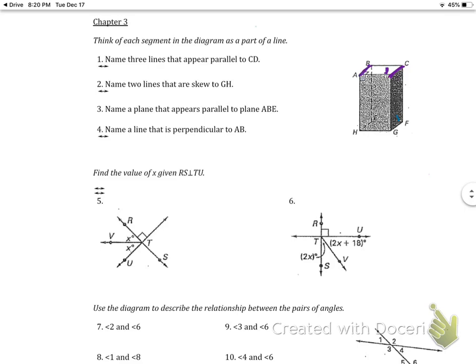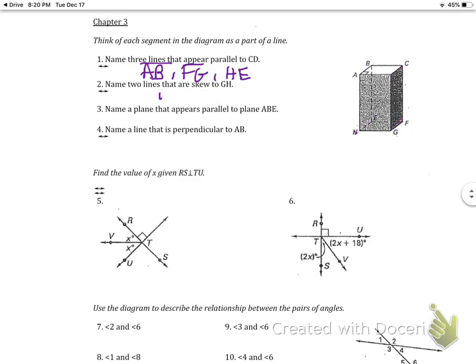When we see AB appears to be parallel, so let me come over here. AB. We actually only need it to be segments. Another thing that would appear parallel is this FG. And then last but not least, HE.